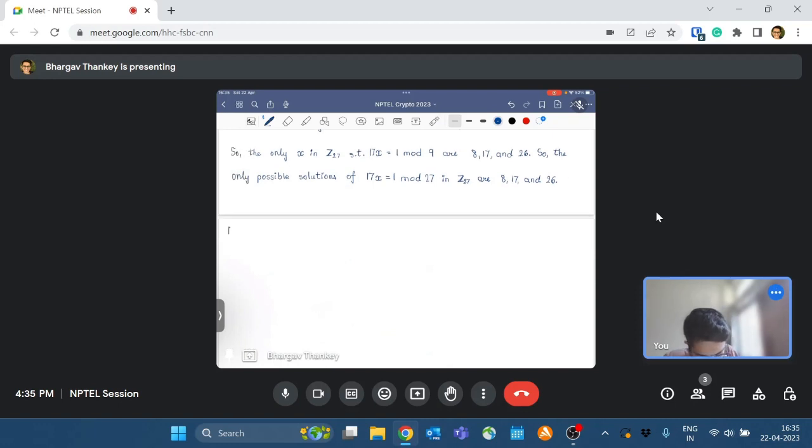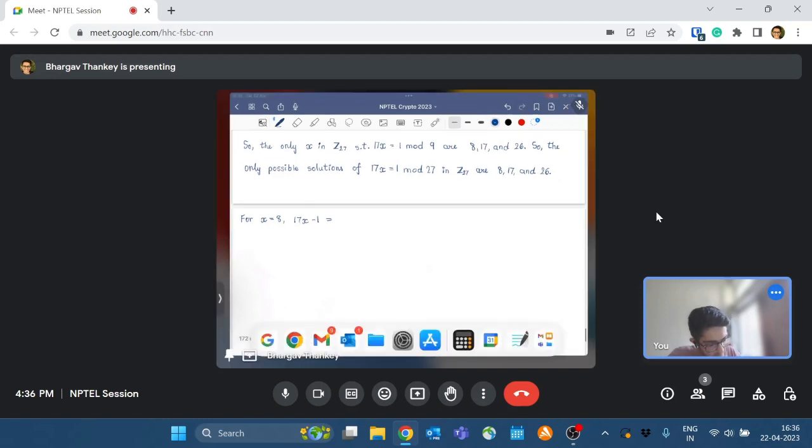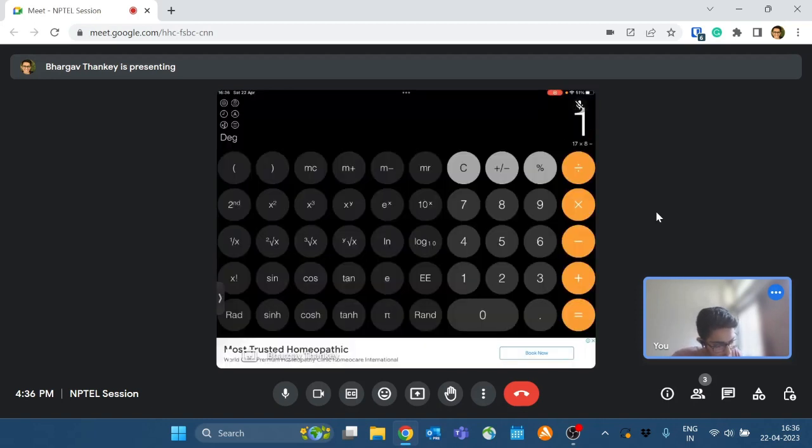So for x equals 8, 17x minus 1 is equal to 17 times 8 minus 1, which is 135.